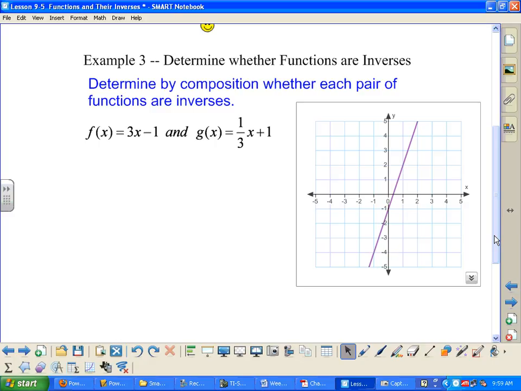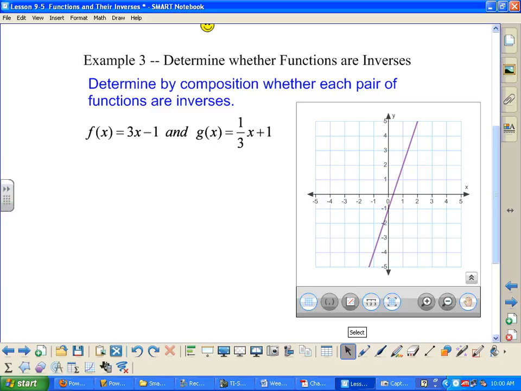All right, so first of all, it looks like I've graphed the line here. Which one of these two lines have I graphed? Where's the y-intercept on this line here? At -1, which means it would be this one here, 3x minus 1. All right, so if we graph 1/3 x plus 1 on there, let's see what happens.